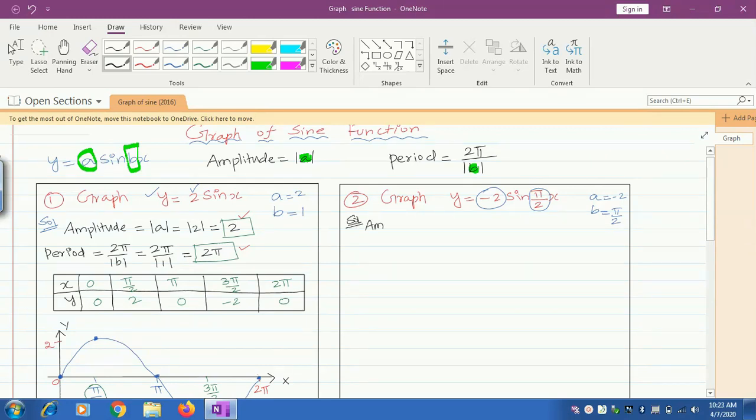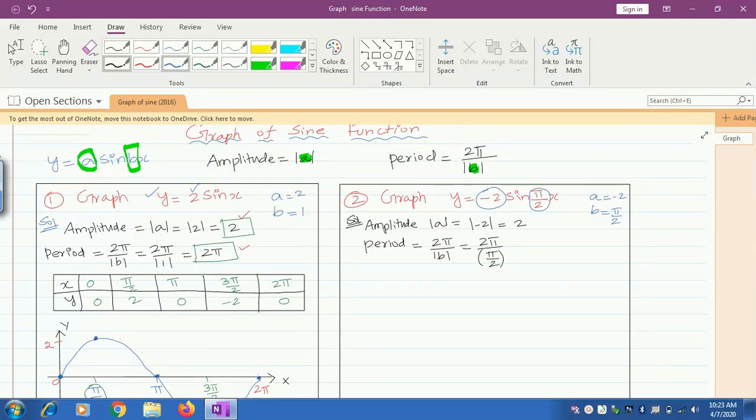Amplitude is absolute a, which is equal to minus 2, which is 2, and the period. What is the period? 2 pi over absolute b, which is 2 pi over pi over 2.